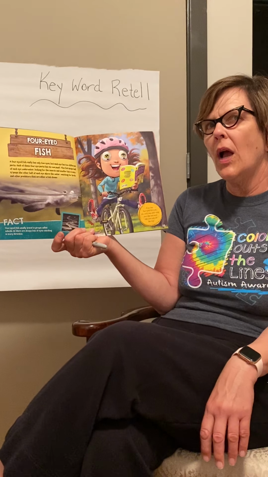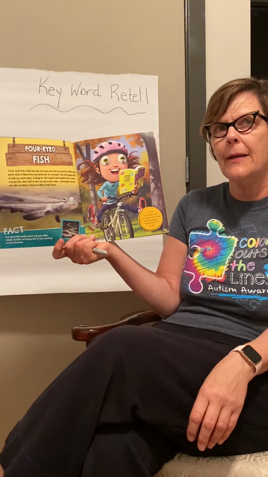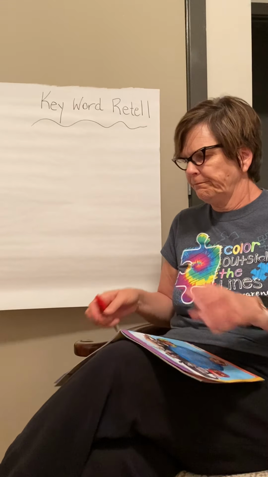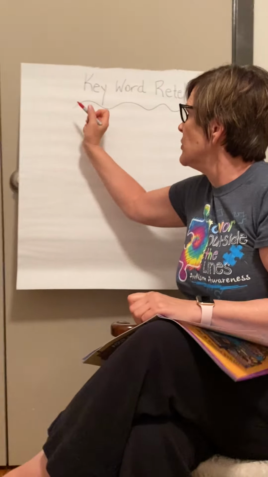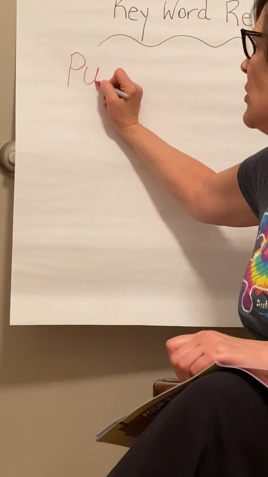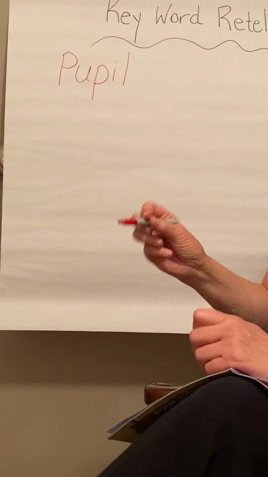Just want it to be one word for that small part that we just read. That's right, it's the pupil. So we're going to write pupil. And then we'll go back and we'll do some retelling using that key word.